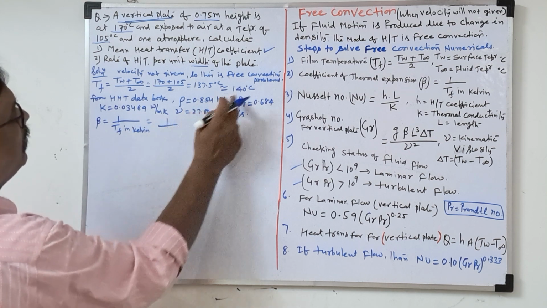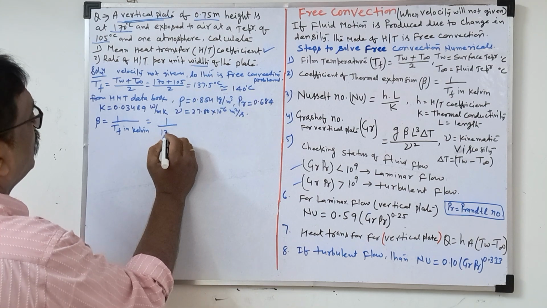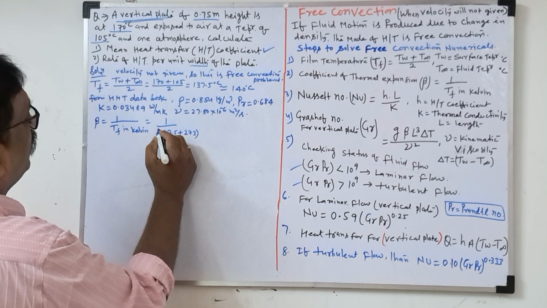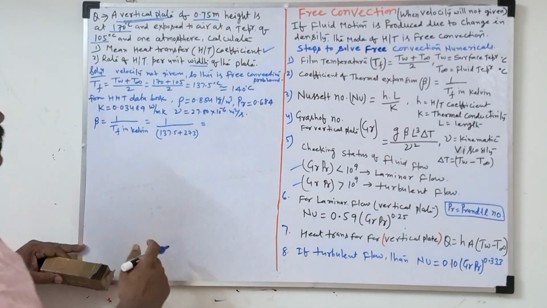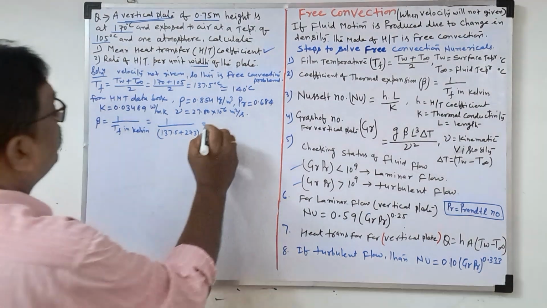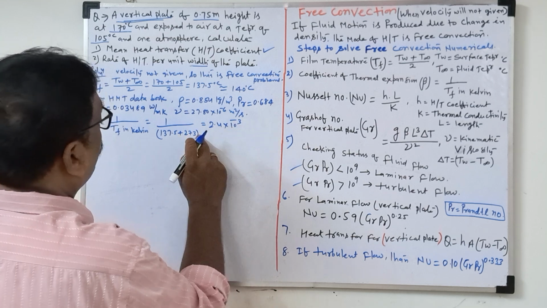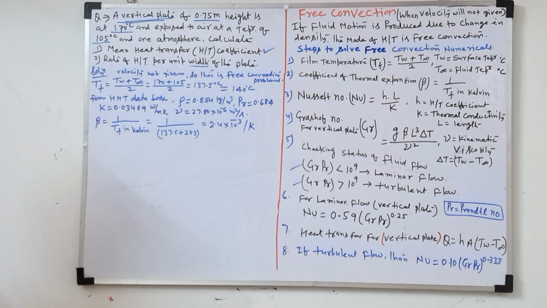So for this value, we will not take the approximate value. We'll take 137.5 plus 273, so it becomes Kelvin. If we solve 1 by this, the value comes to 2.4 into 10 power minus 3 per Kelvin. So this beta value I know.